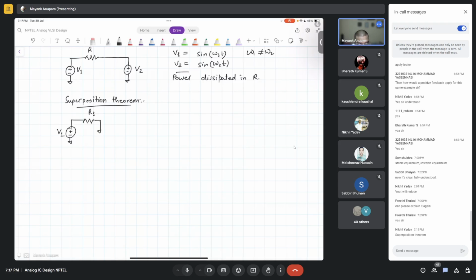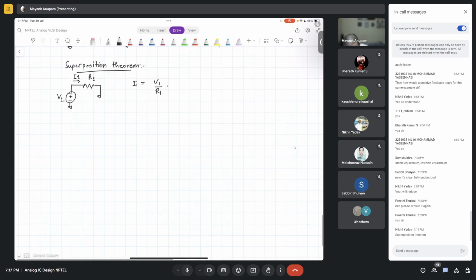Nikhil, what do I find here with superposition theorem? We need to find out the current. Okay, fine. Let's call it I1. So I1 is V1 by R1. Good. So we know now this is the current.